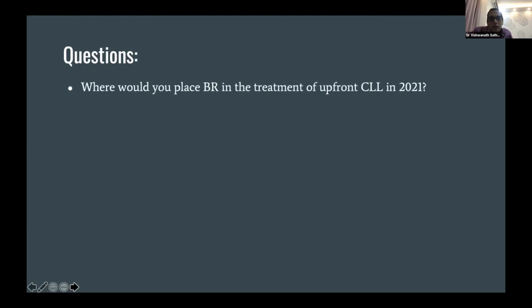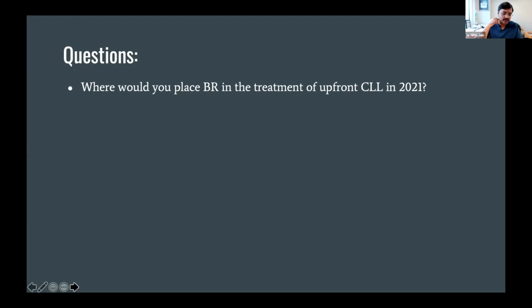The first question: where would you place bendamustine and rituximab in the treatment of upfront CLL in 2021? So, we don't use bendamustine rituximab here. The only reason to do chemotherapy would be for a young, fit, mutated IGHV patient, because you believe in this long-term PFS, 10 plus years, where 50% of these patients will be alive and in remission.